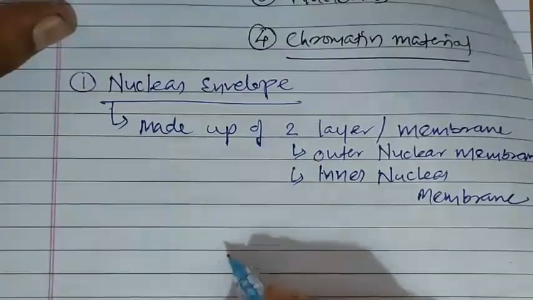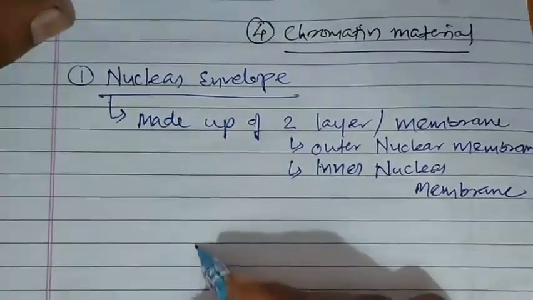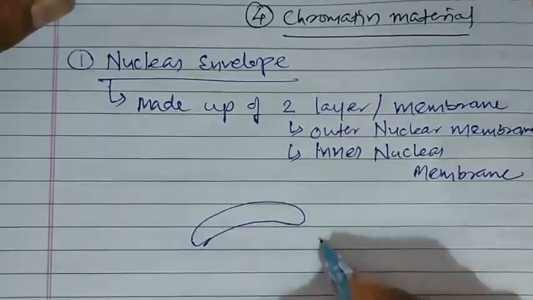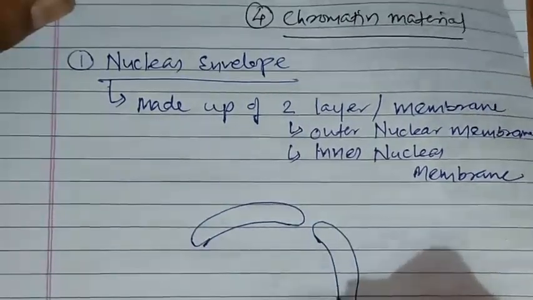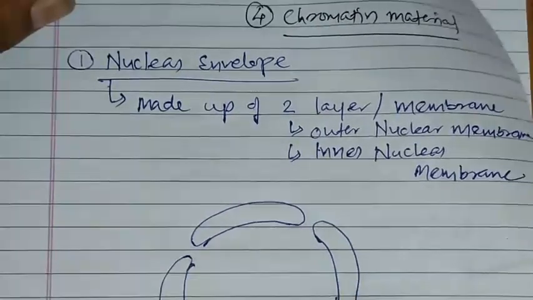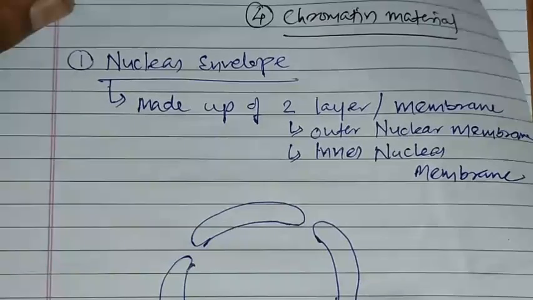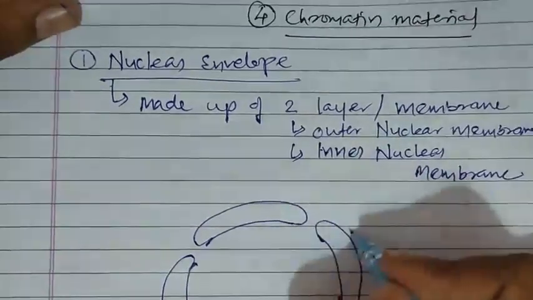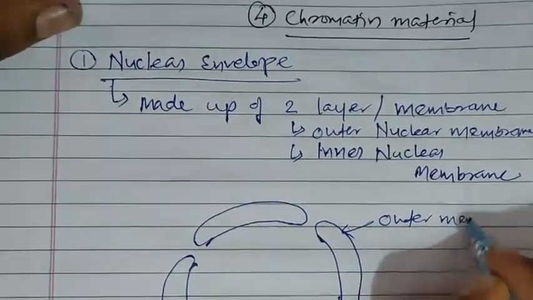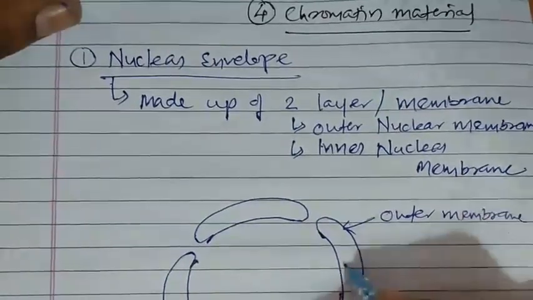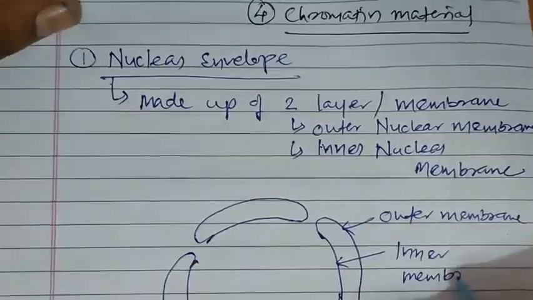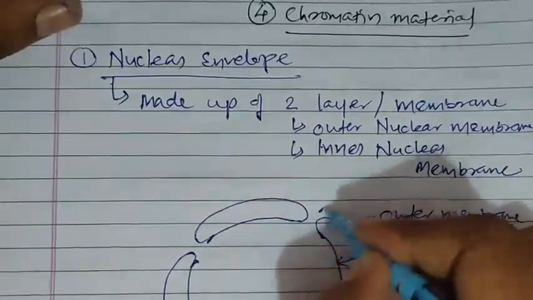So if we draw the structure of this, we find a diagram like this. Here this is the outer membrane of the nucleus and this is the inner membrane of the nucleus.